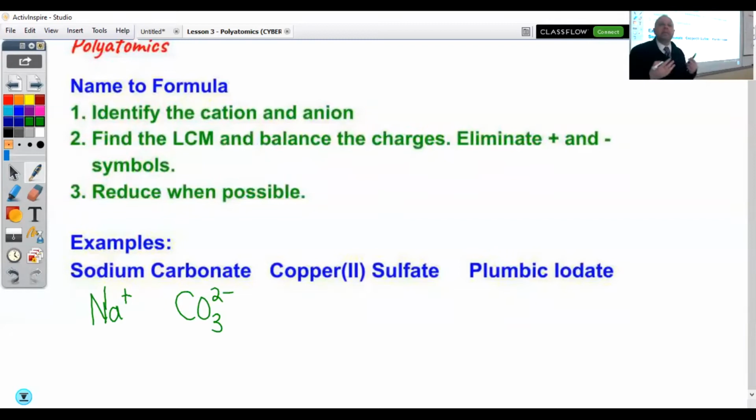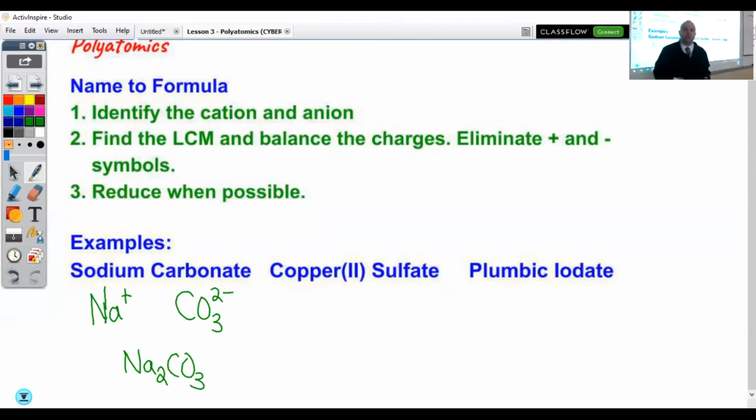We are going to piece these two pieces together, canceling out the charges so that we form a neutral compound. Carbonate has a -2 charge. In order to cancel that out, I'm going to need 2 copies of my +1 charged sodium ion. So my final formula will be Na2CO3.